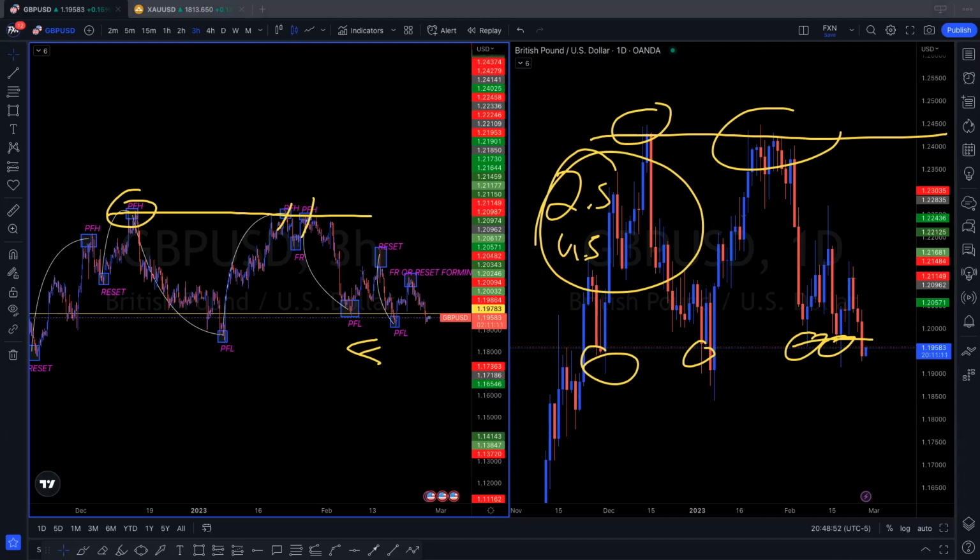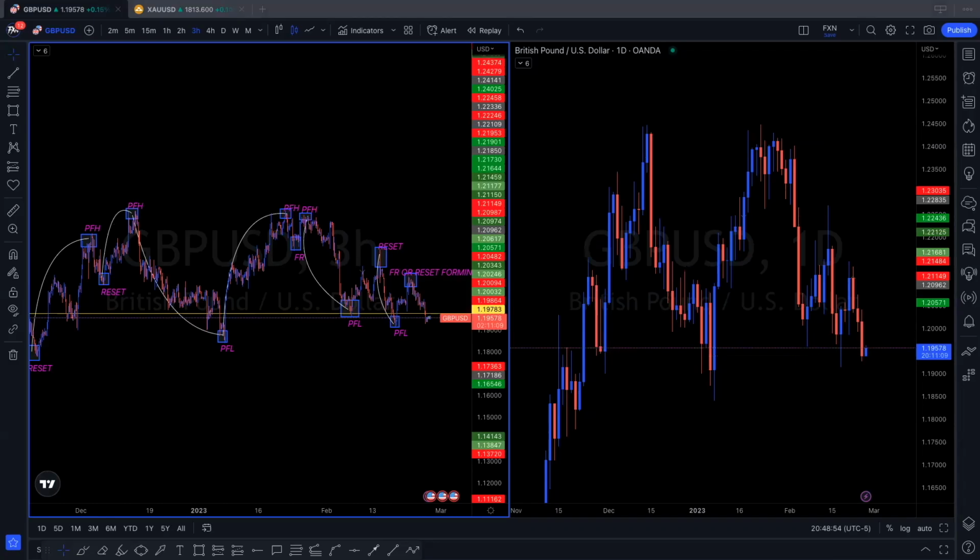Then after that, you'd want to have the peak formation low form, and then you'd want to have a 13/50 cross, and then you'd also want 1 times ADR move from the bottom to where it started to retrace.